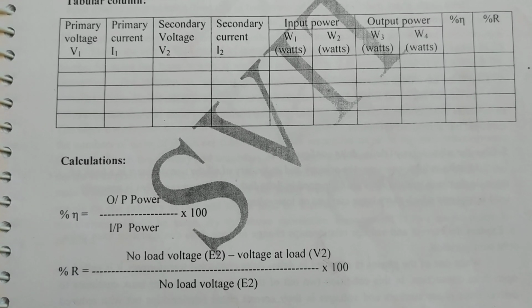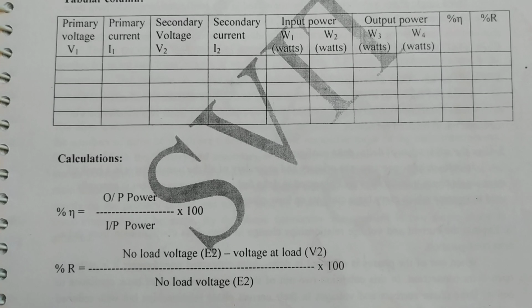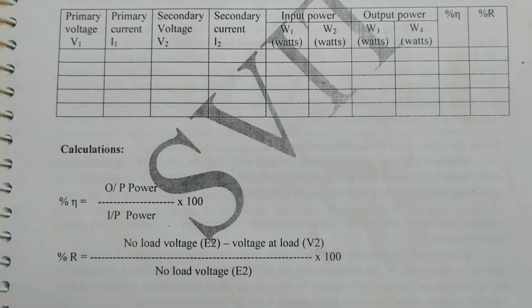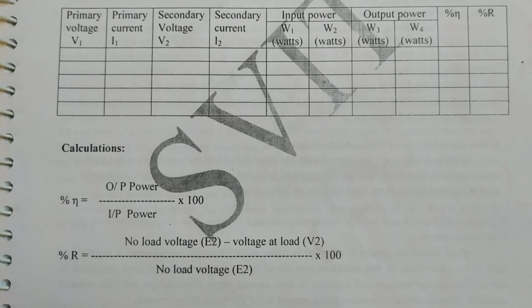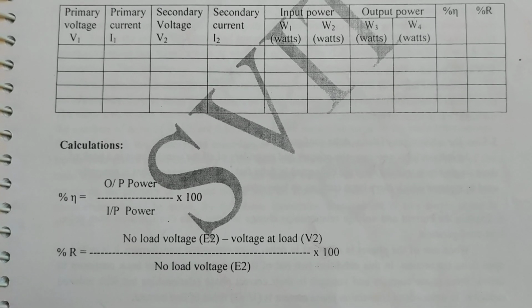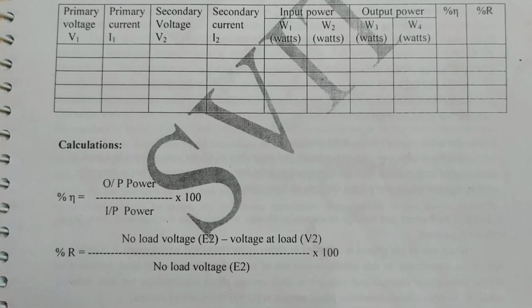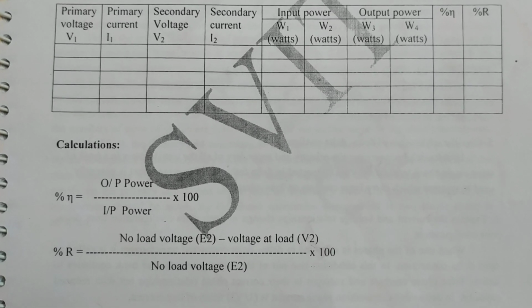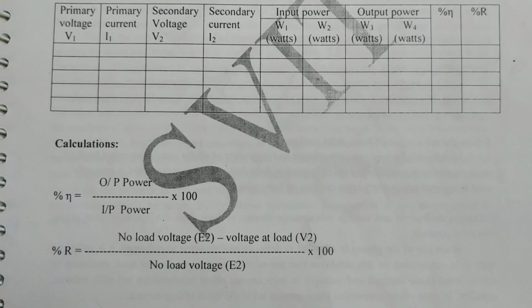Similarly, we calculate the regulation given by no load voltage, which is 215, minus full load voltage 212, divided by no load voltage 215. If you calculate, we will be getting 1.39%. Similarly, efficiency and regulation will be calculated for each and every reading, and this completes open delta calculations.